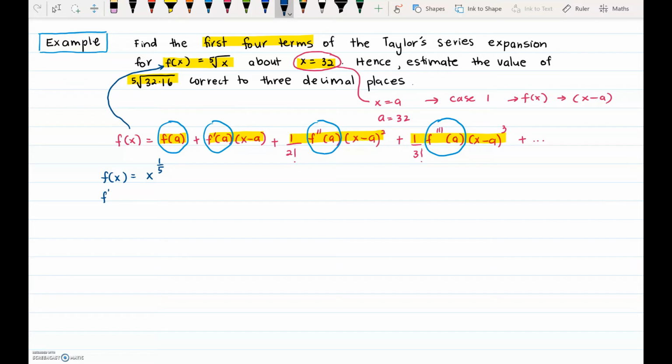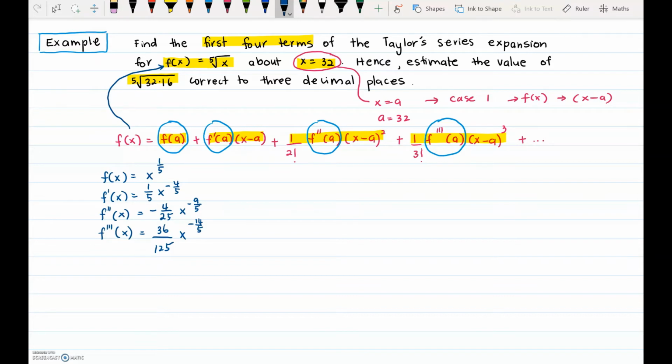Your f prime x, you differentiate f(x), will be 1 over 5 x to the power of negative 4 over 5. Then you differentiate again, f double prime x will be negative 4 over 25 x to the power of negative 9 over 5. And another one, f triple prime x equals 36 over 125 x to the power of negative 14 over 5.